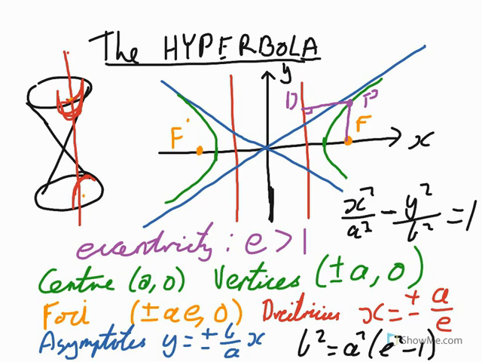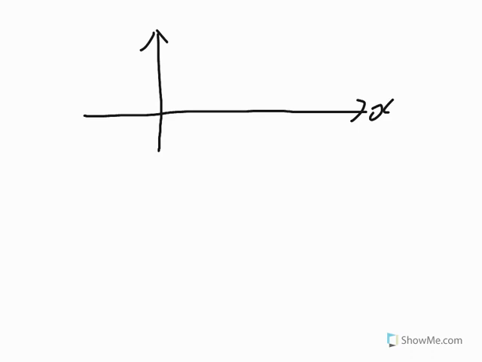Now, of course, if we do a translation, so let's remove all of that. If we do a translation then, let's do a translation x, y, so now our centre's going to be there, so there's our directrices, like so.